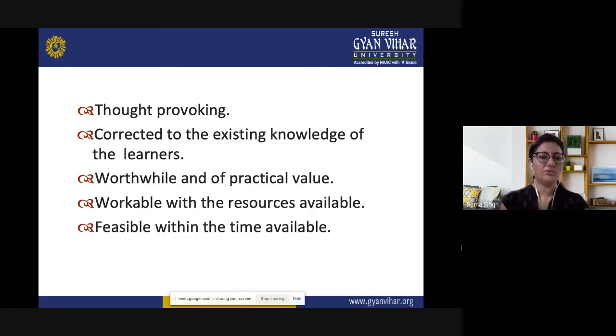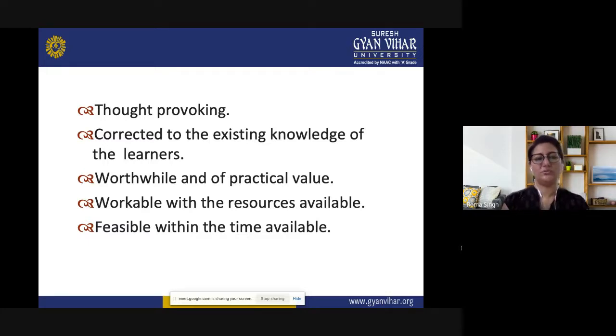The problems should be such that the students do not face issues where they do not know how to proceed, or where to proceed. There should be some resources available, and the teachers can introduce the students to the resources. They can also provide them with some notes, some references, or some online websites or online libraries, or the school library. It should be feasible within the time available.